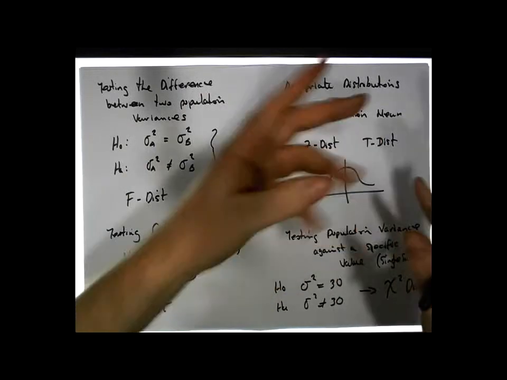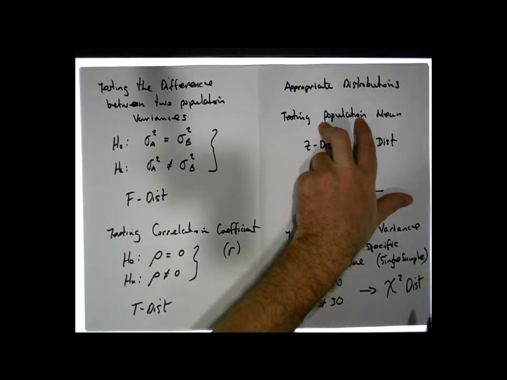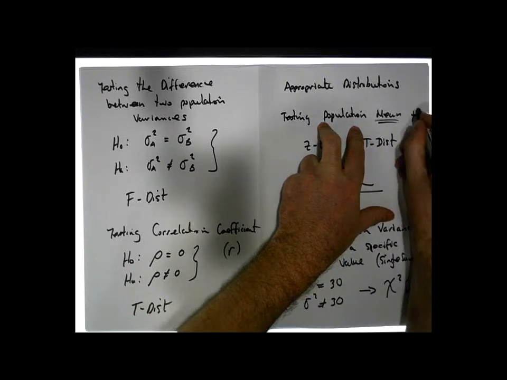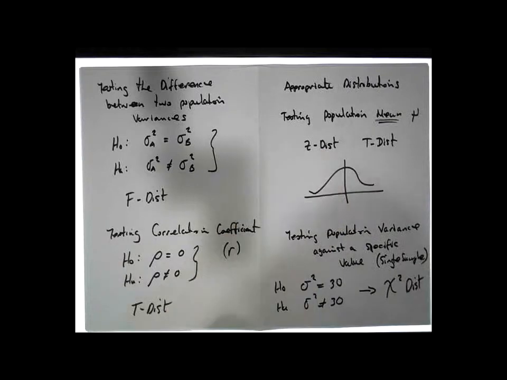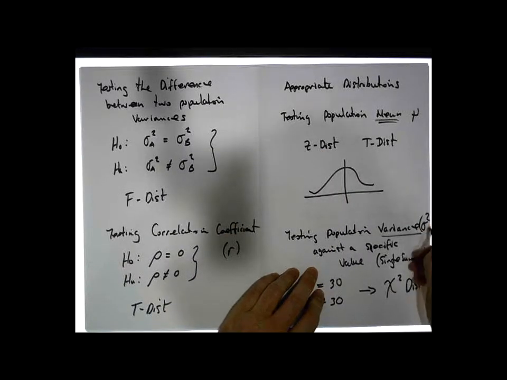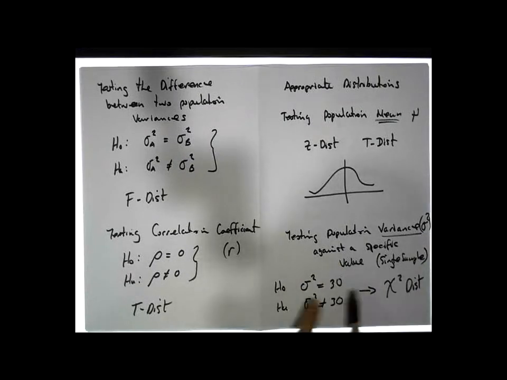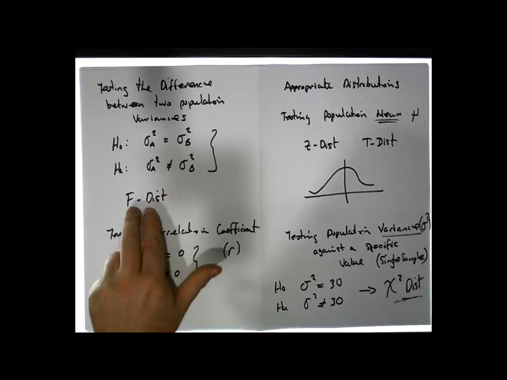Let me just run through this again, because the question that was asked was what distributions do you use for what tests? When we're testing population mean values, mu's, it's either a Z distribution or T distribution. So they're the tables you go to. When you're testing a population variance, sigma squared, if it's a single sample test, we're going to a chi-square distribution. If you're testing two variances against each other, then we're into an F distribution.